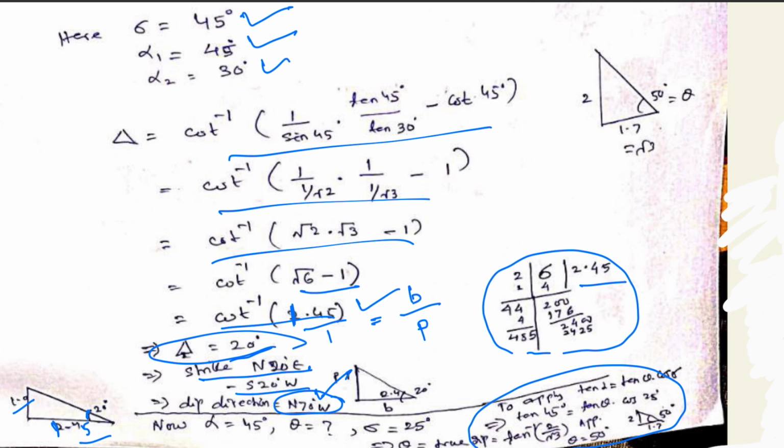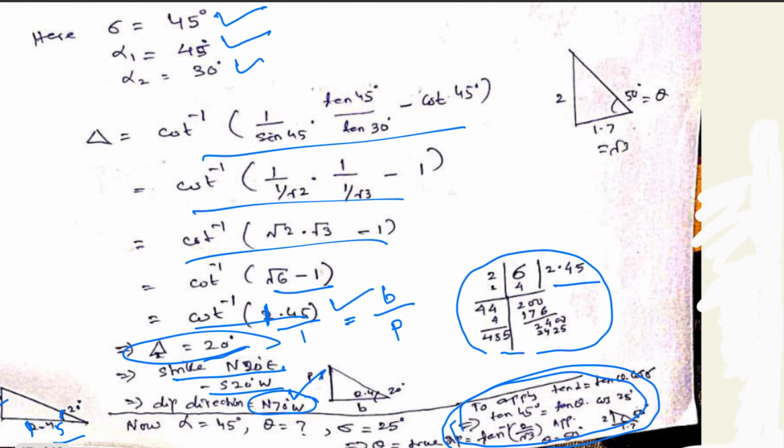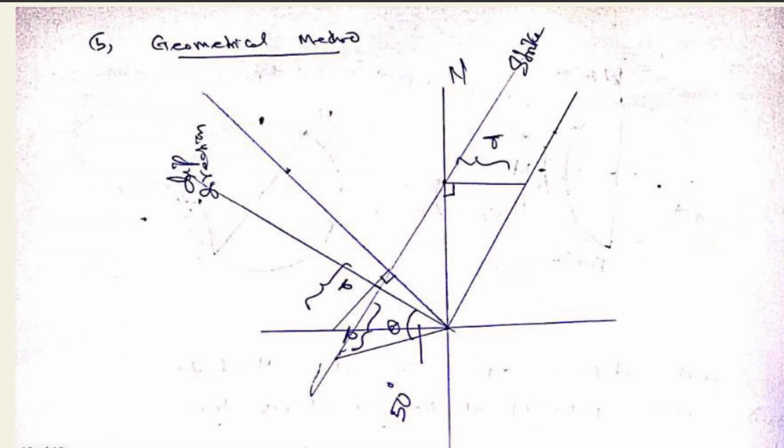And once we find out delta, from the angle between the one apparent dip direction that is along north and 20 degree, so north 20 degree east, the strike direction. Then we can solve the problem by using the previous relation between true dip, apparent dip and their direction. And we can solve this problem also by the geometrical method.